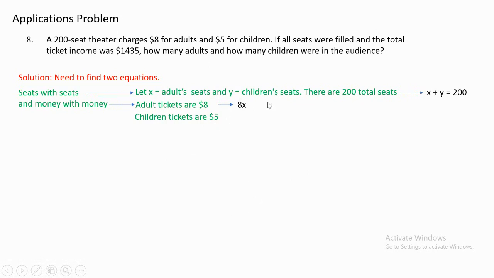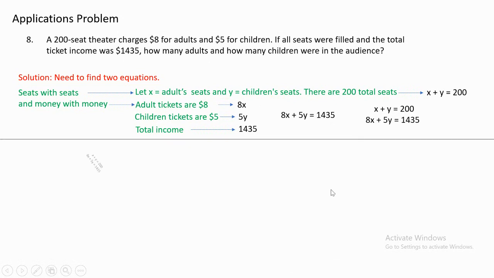Since y represents children's seats, that's going to be 5y. And what was the total revenue or total income? It was 1,435. So this is going to be 8x plus 5y equals 1,435. That's equation number two. Now we have our system, equation one and equation two.